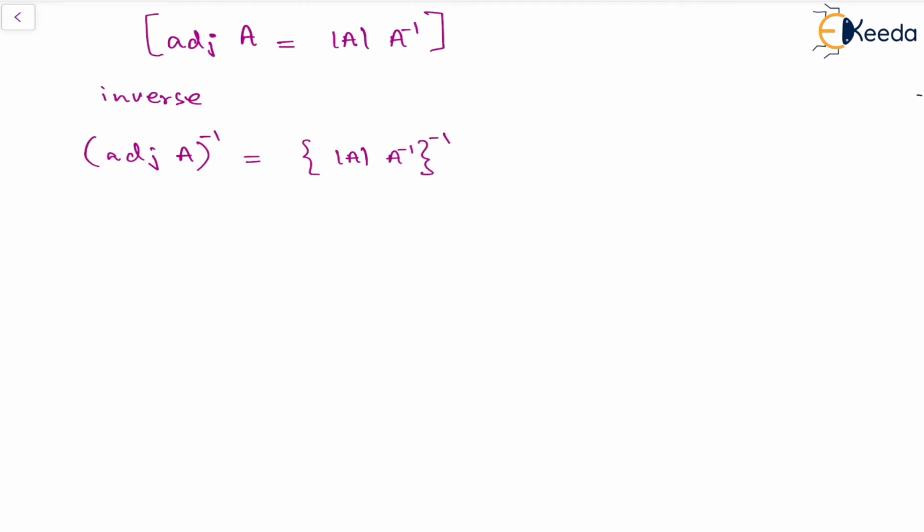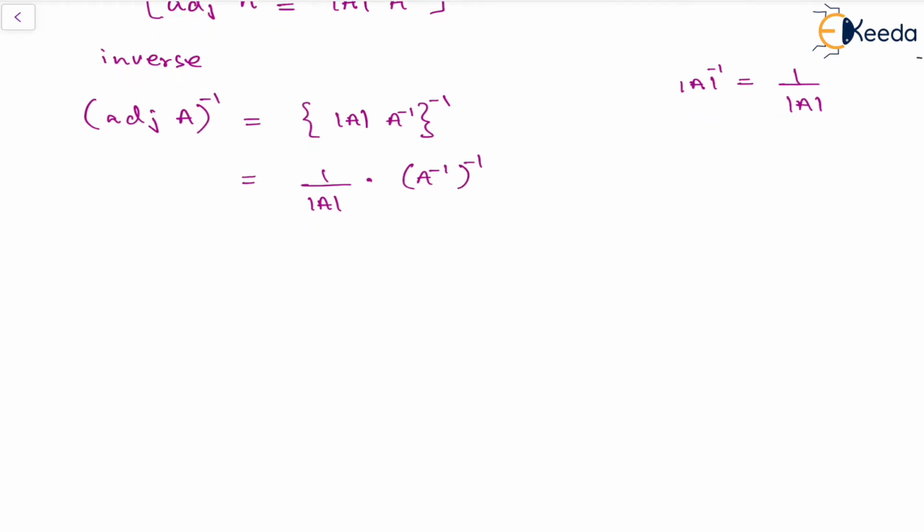And as we know that determinant A is a scalar, the inverse of this will simply be 1 by determinant of A. So this will be 1 by determinant of A times the inverse of the inverse.